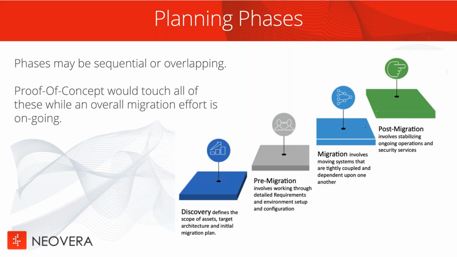You could be going through this phase in conjunction with the broader plan moving, or it could just be, I'm going to go through these particular phases just for a POC and then come back and visit it for the entire organization. So it could be sequential, it could be overlapping, but it's important to do that proof of concept all the way through. And we'll talk about how do I do a proof of concept, or what do I pick for doing a proof of concept as well.